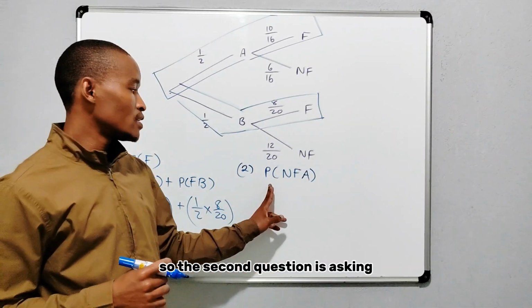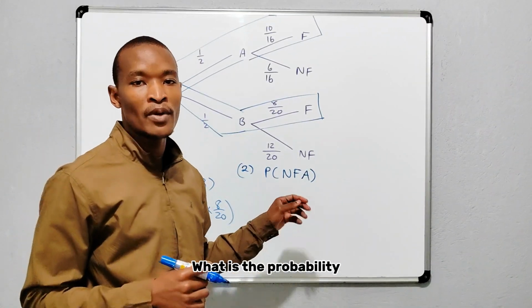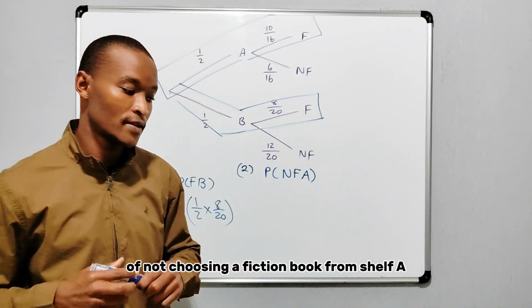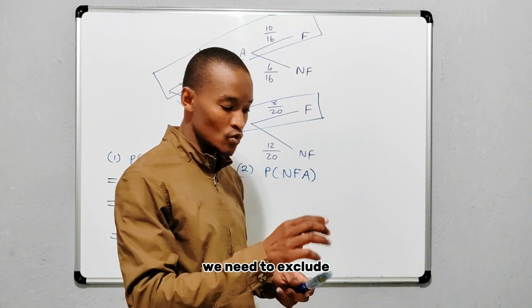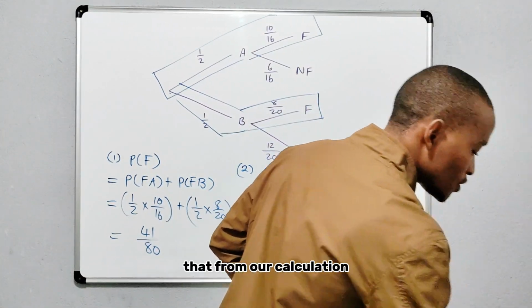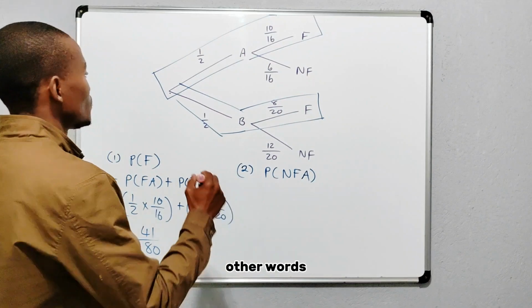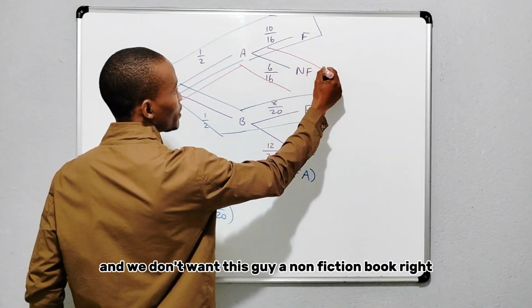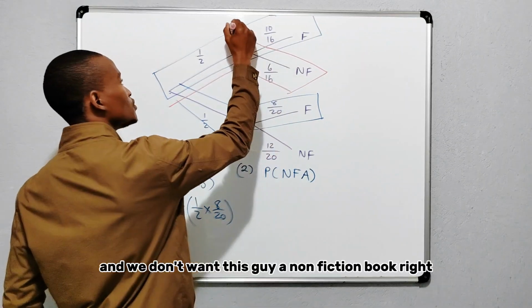The second question is asking, what is the probability of not choosing a fiction book from shelf A? In other words, we need to exclude that from our calculations. So we are at shelf A, and we don't want the non-fiction book.